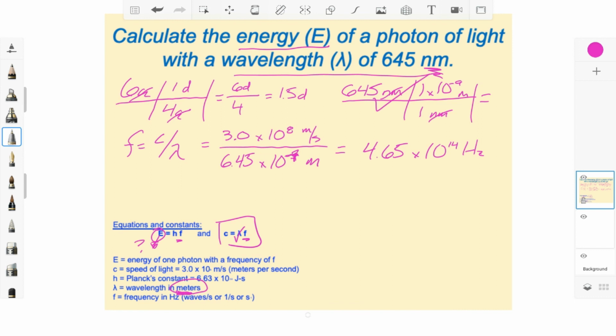So now I've got my frequency, and we said a long time ago that we were going to use this equation for the second part of this. And I know that energy is equivalent to Planck's constant, which I'm just going to copy. It's right here. And we will multiply that by the frequency up here.